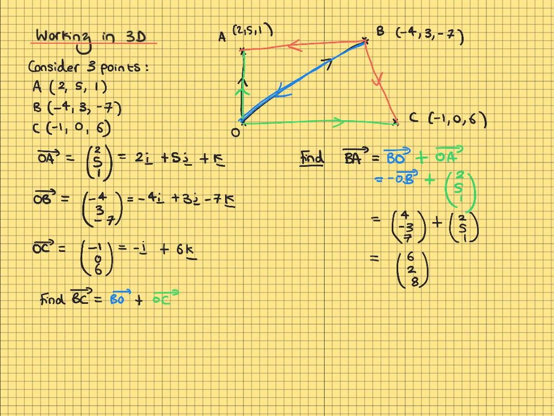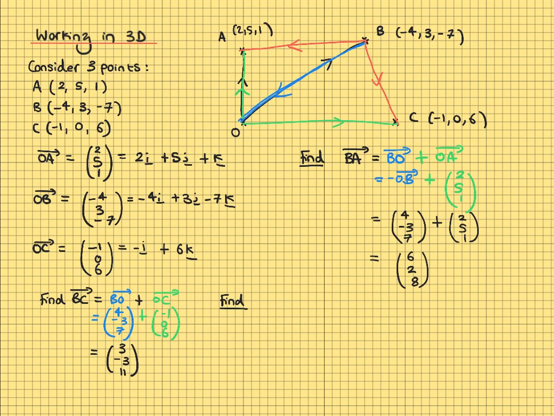So let's fill these in. The vector BO, we wrote it down a minute ago, is the vector 4, -3, 7. And the vector OC is -1, 0, 6. Let's add these two vectors together. So this gives us 3, -3, and 11 to finish off.